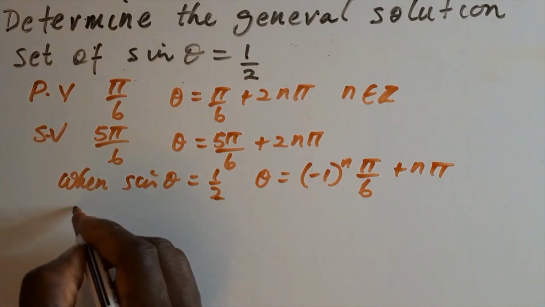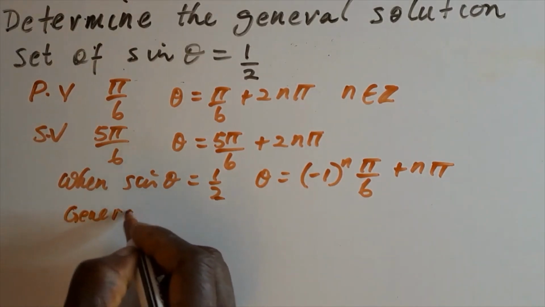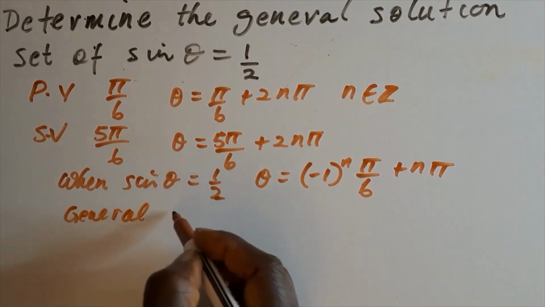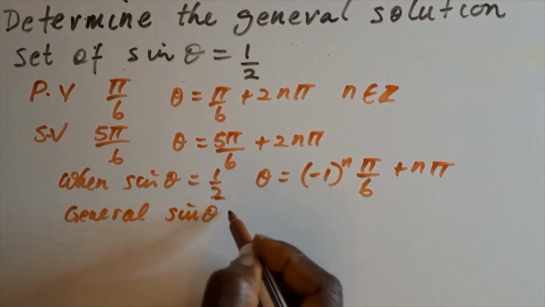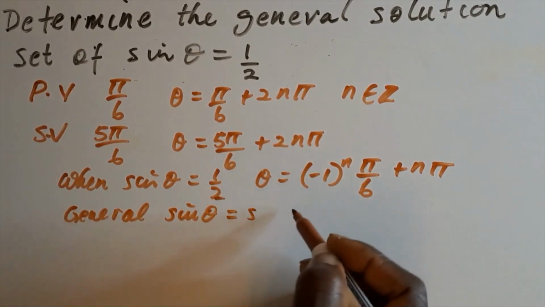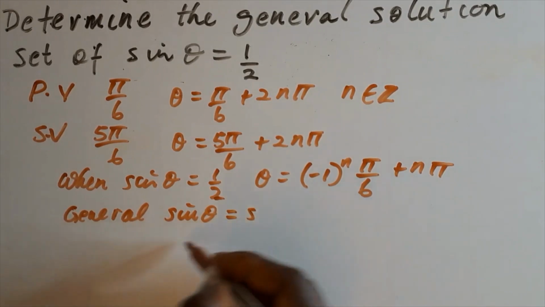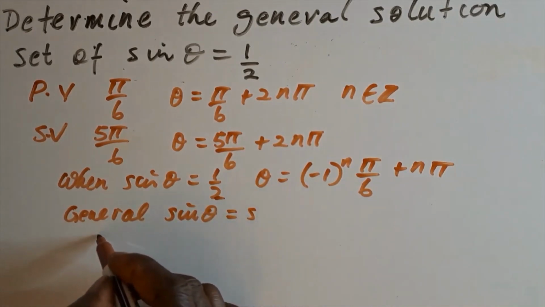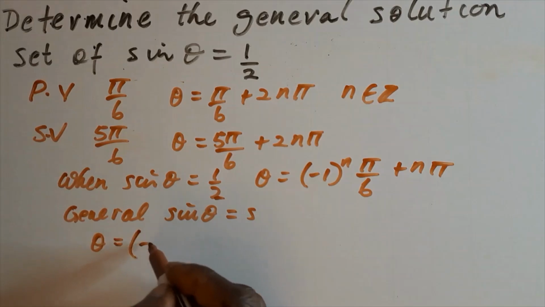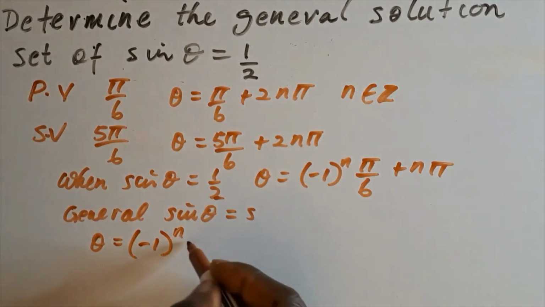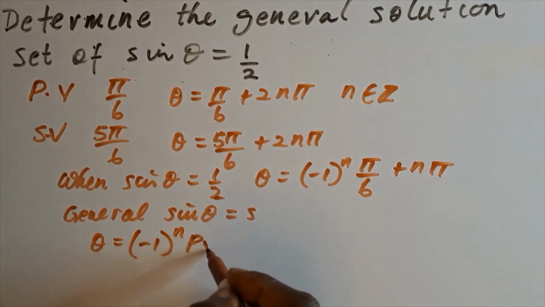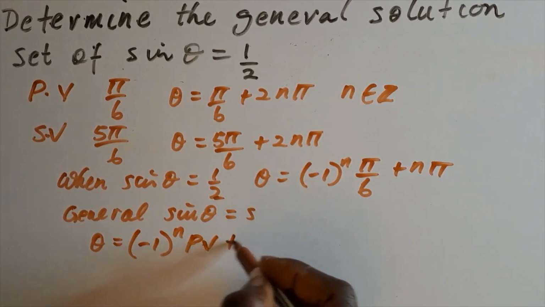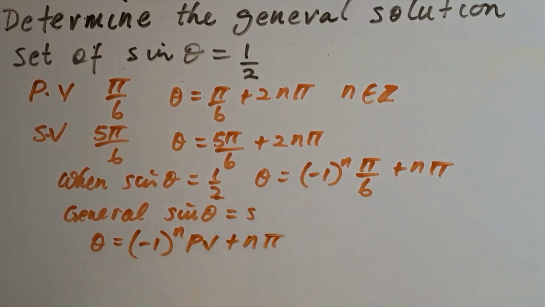And in general, whenever sine theta is equal to s, we can write that theta is equal to minus 1 to the n, using the principal value, plus n pi.